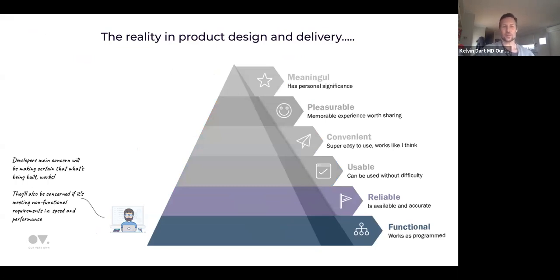And so although the developers start with decent intent, they've got one core concern: get this bloody thing working. It needs to actually be functional. So what we build needs to make sure it's reliable, needs to make sure it's hitting performance and hitting a lot of the non-functional things that sometimes ourselves as UXers don't think about.